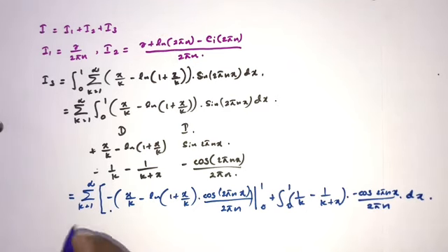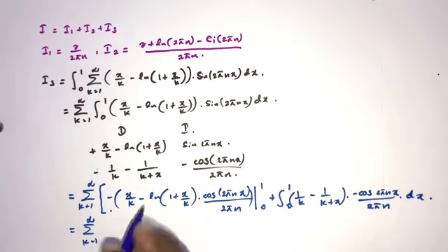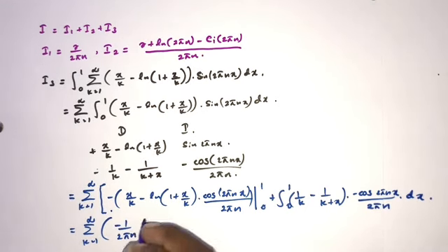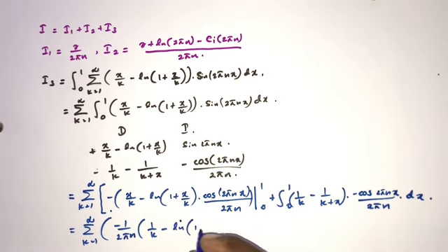So before that we can apply the limit. We have the sum over k equal 1 to infinity. If we apply the limit, here we have minus 1 over 2 pi n times 1 over k minus natural log of 1 plus 1 over k.